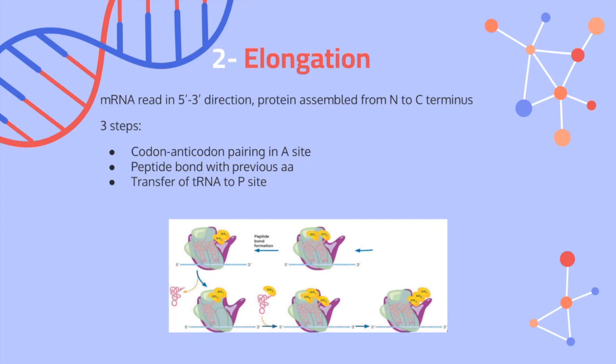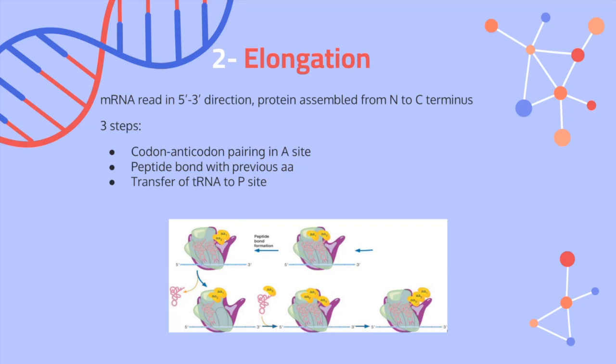For mRNA formation, it's going to be a certain order. And for translation, it's also a certain order. And it is easy to get mixed up in these. So make sure to keep all of this in mind so you don't get tricked in the exam.